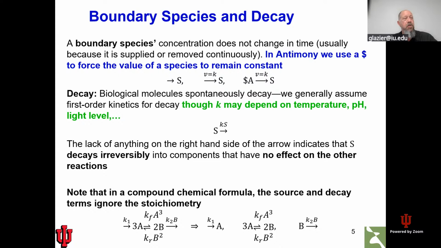Similarly, if you have 2B goes to nothing at a rate K2 times B, the rate of decay of B is not 2K2B or half K2B, it is K2B. And so that's a bit of a notational inconsistency that you have to be aware of. Your values may be off by the stoichiometric coefficient if you're not aware.